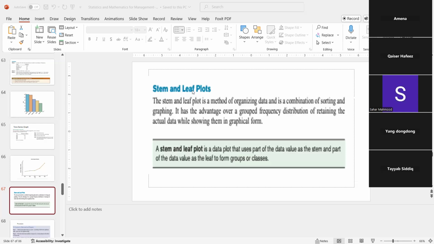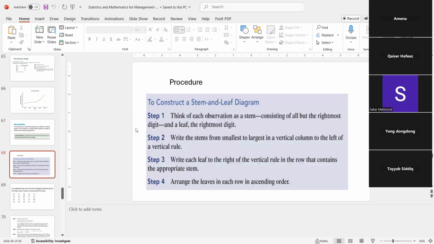Now, how to draw them? Let's have a look. The stepwise procedure is to split the data digit-wise, such that we construct the stem from the data points by holding the rightmost digit apart, and all other digits from the leftmost corner to the second last digit are considered the stem.